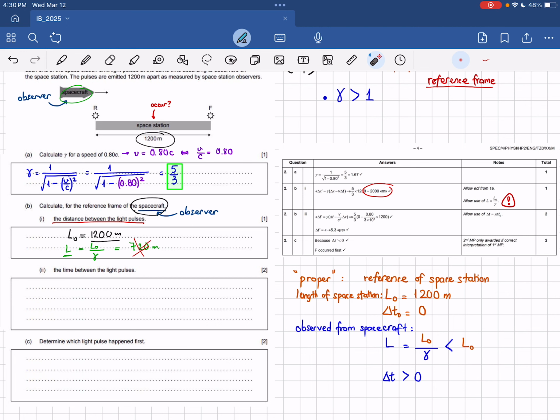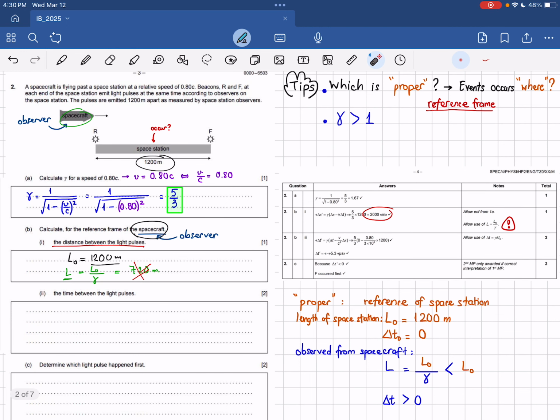And we also see that they're talking about the distance between the light pulses. So for someone at the space station, at the rear and the front of the space station, the R and F positions, the two beacons, the two pulses go off at the same time, right? Nothing different.